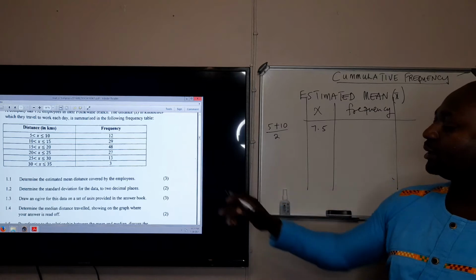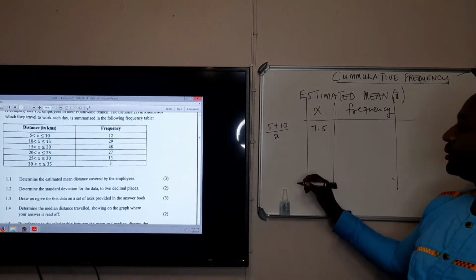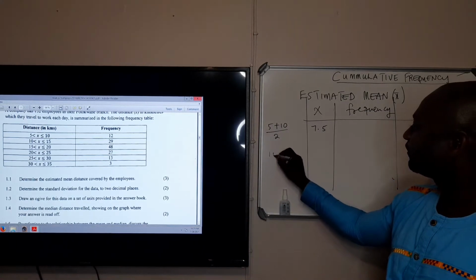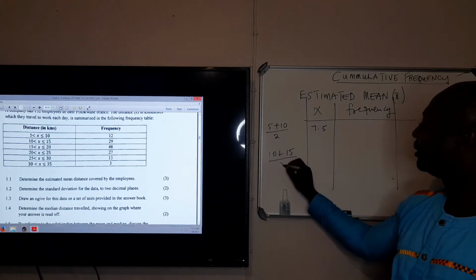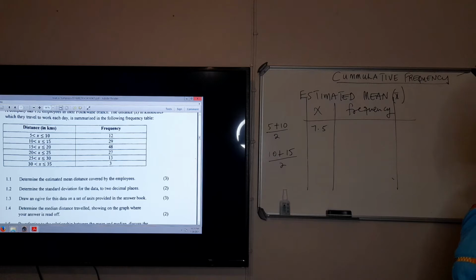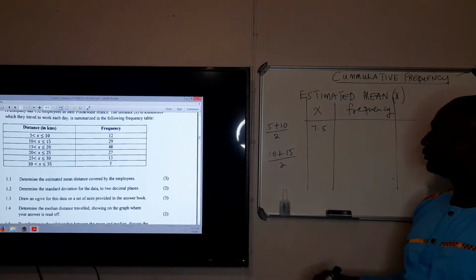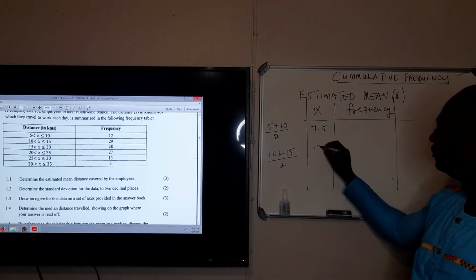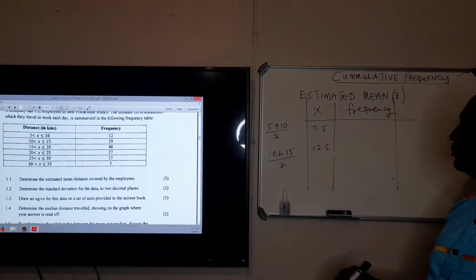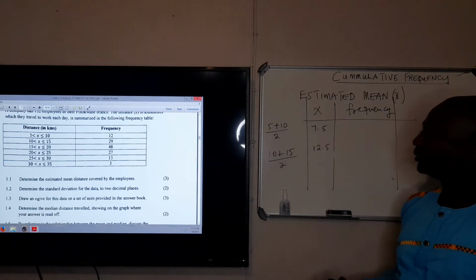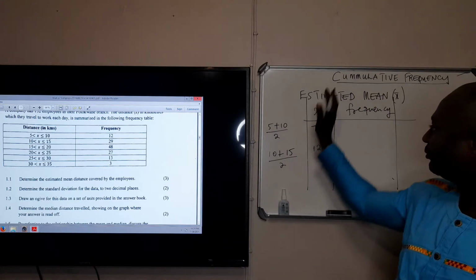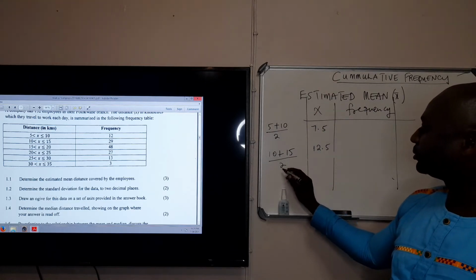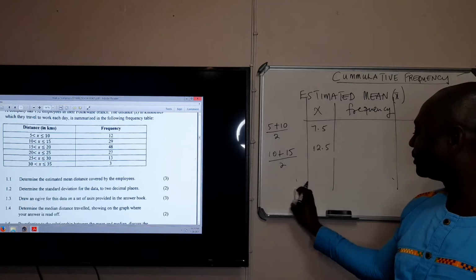Then you go to the second row. It says 10 plus 15, and then you divide it by 2. 10 plus 15 is 25, and 25 divided by 2 is 12.5. That is the first thing you do: you have to first get the x values before we talk about the estimated mean.